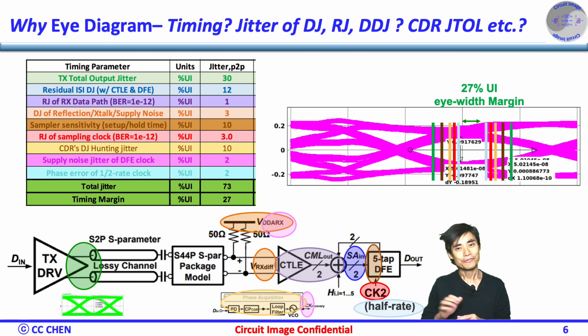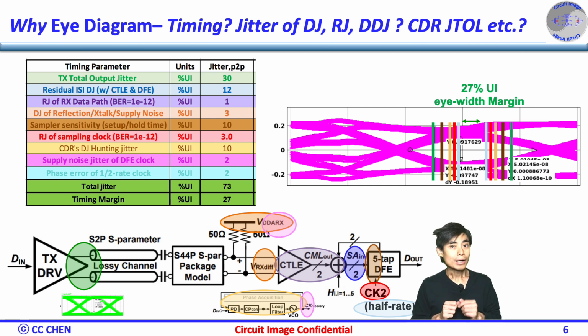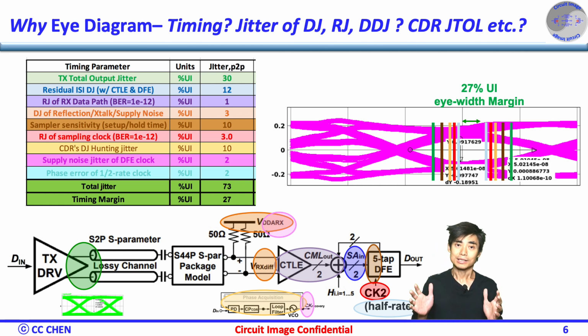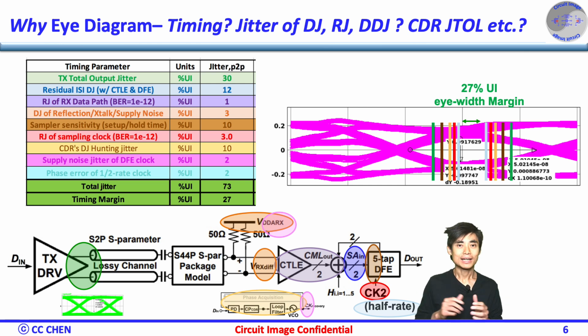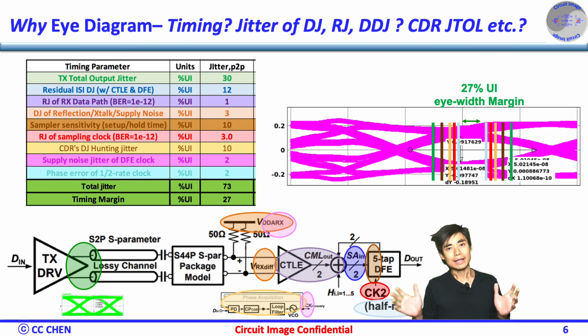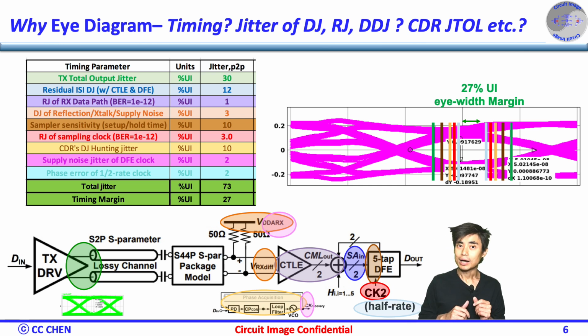Fifth, the sampler setup and hold time may require 10% UI for the needed arrival time before and after the data transition. After figuring out the data path, sixth, we need to check the intrinsic RJ of the sampling clock from the CDR after a high-pass filter at the CDR's bandwidth corner frequency, and that shows 3% UI for bit error rate of 1e-12.